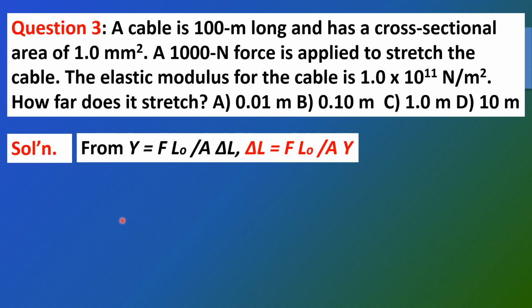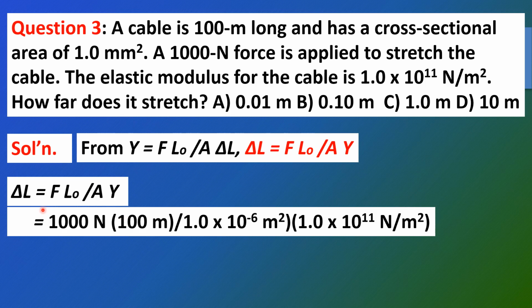So, substituting to our formula for delta L, we have the amount of applied force, which is 1000 Newton, multiplied by the original length L0, 100 meters, divided by the cross-sectional area, which is already converted to meters squared. So 1.0 millimeter squared is just the same as 1.0 times 10 to the negative 6 meter squared.